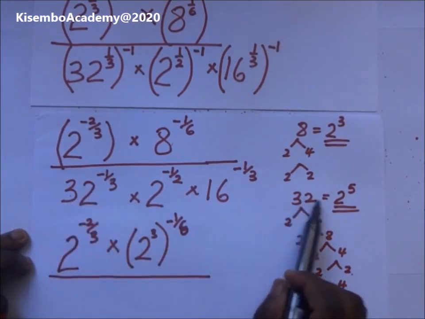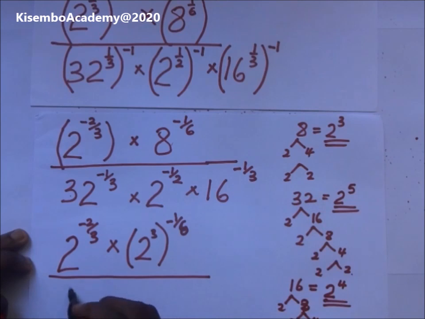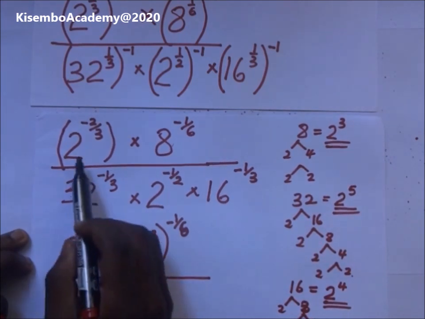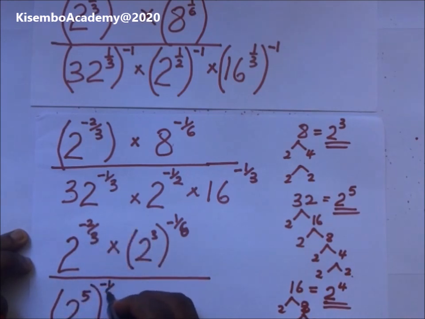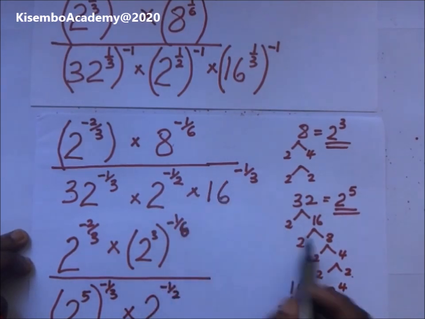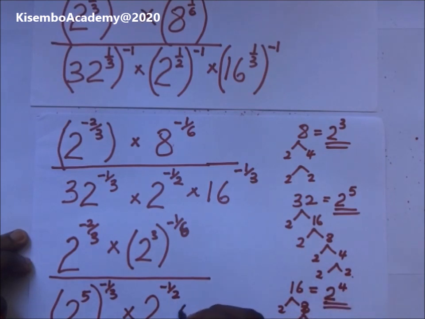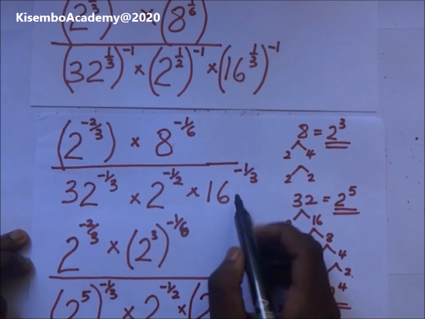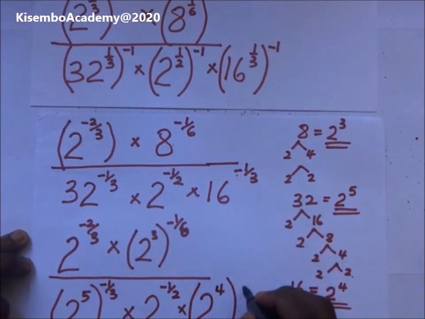Now the 32 has become 2 to the power 5. So it's going to become 2 to the power 5, all this to the power negative a third. Multiply that by 2 to the power negative a half. Multiply that by 16. 16 has become 2 to the power 4. So it's times 2 to the power 4, all this to the power negative a third.